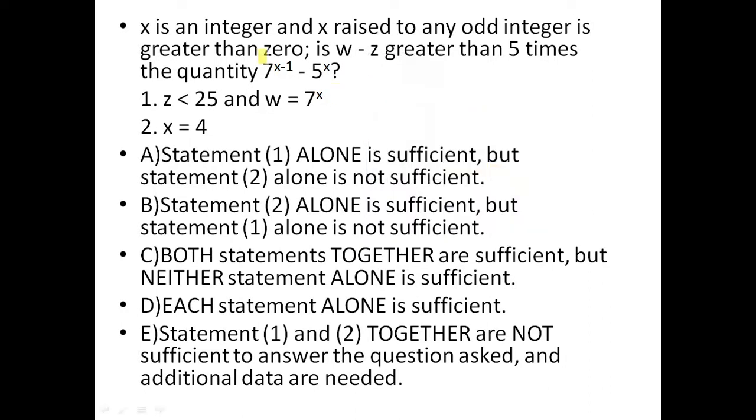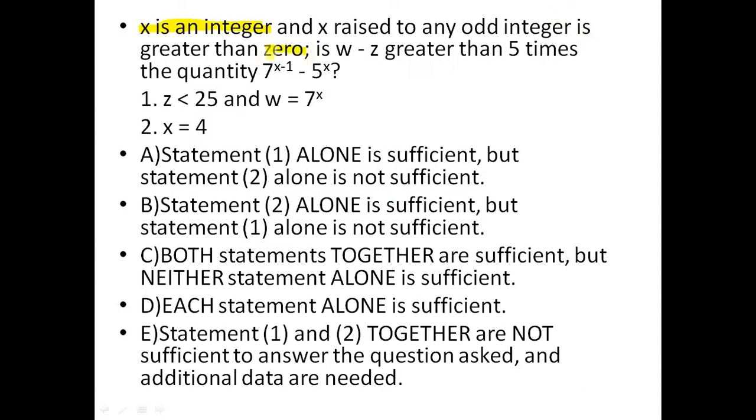Now if you see in this question, it initially gives us two bits of information which are very important. X is an integer, so it's a whole value. It's not a decimal value, it's a whole value. And x raised to any odd integer is greater than 0.